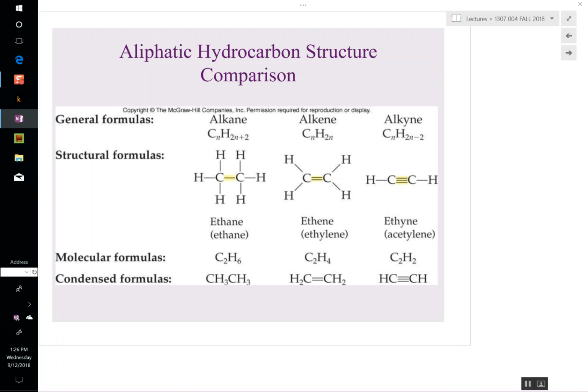So this is going to count as 2 bonds. 1, 2, 3, 4. Because I have 2 bonds between those 2 carbons, that carbon and that carbon only need 2 hydrogens, not 3. Ethyne, 1, 2, 3, 4 bonds. This happens to be a carbon-carbon triple bond. There's your 4th bond. There's only 1 hydrogen on each of those carbons in ethyne.